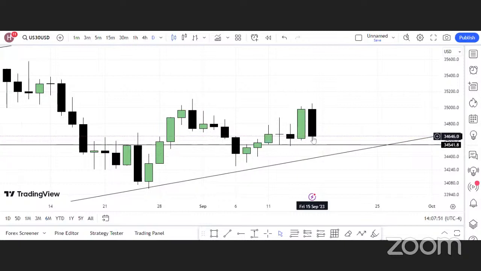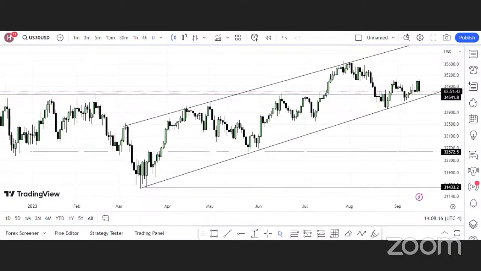A green candle opens below and closes above because it's going up. Just have it at the back of your mind that red candles open above and close below, while green candles open below and close above. If you understand that, let's continue.